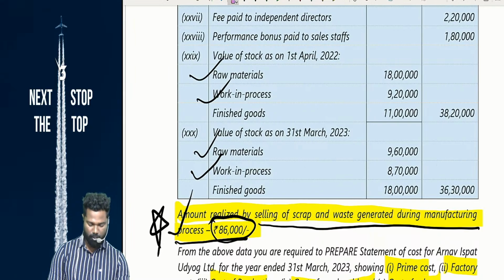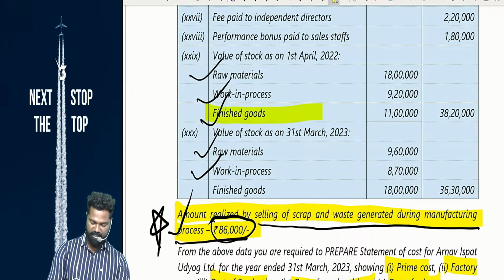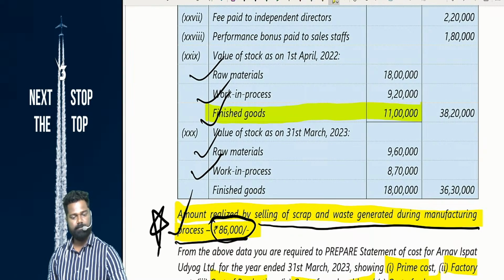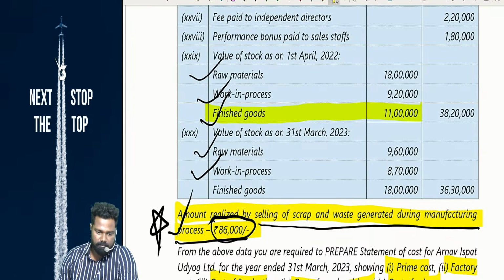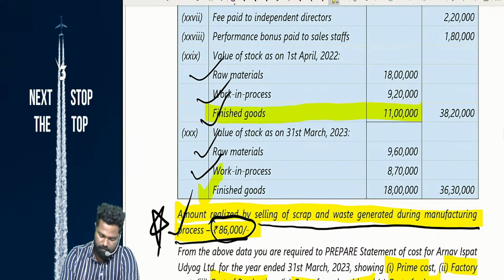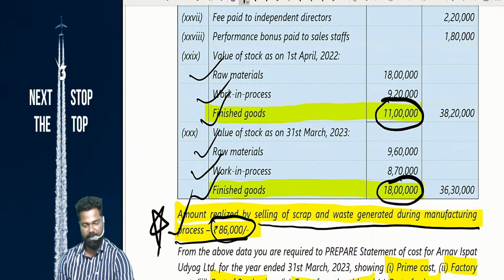Opening stock of FG is 11 lakh rupees. Next, closing stock of FG is how much? Closing stock of FG is 18 lakhs. Opening stock is 11 lakhs, closing stock is 18 lakhs.